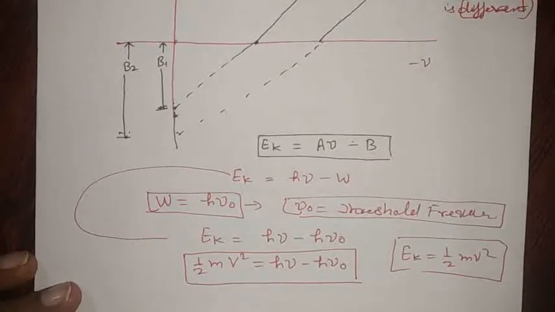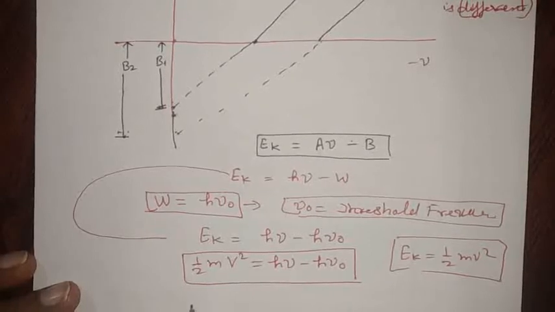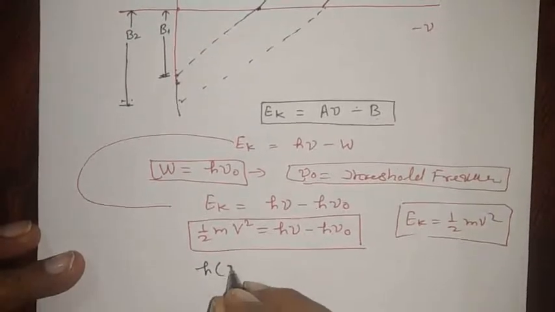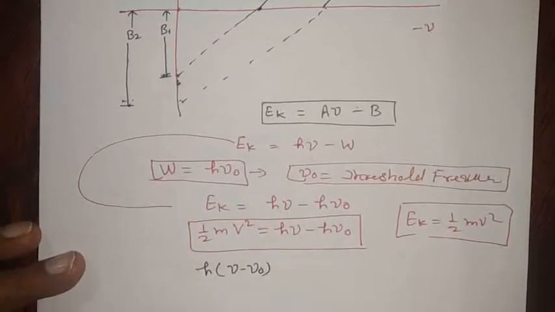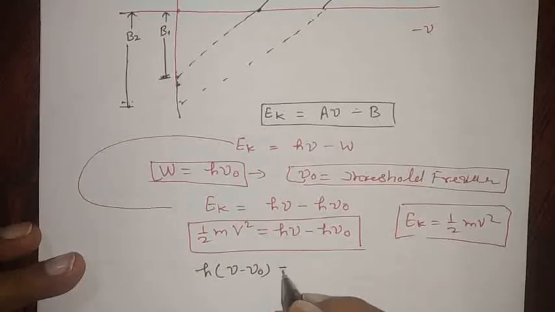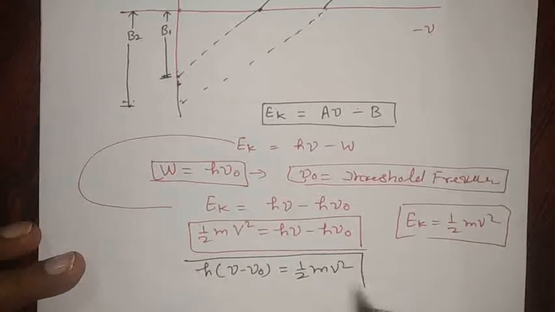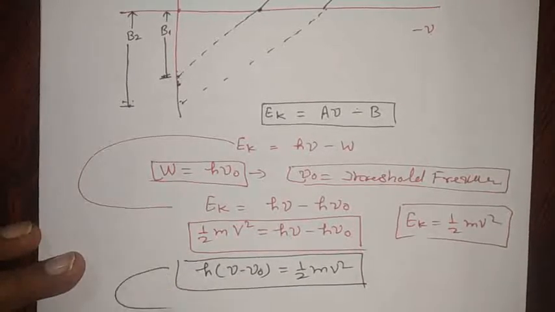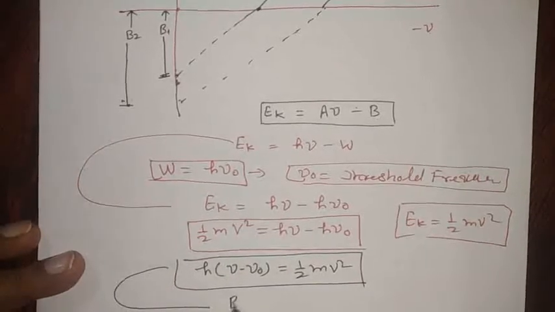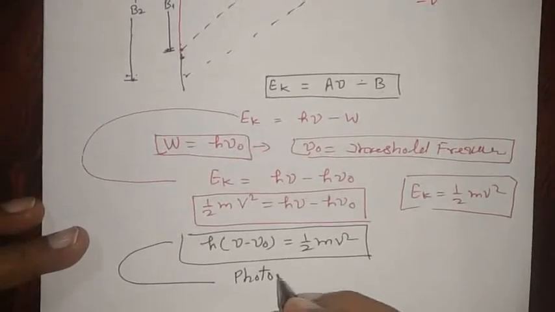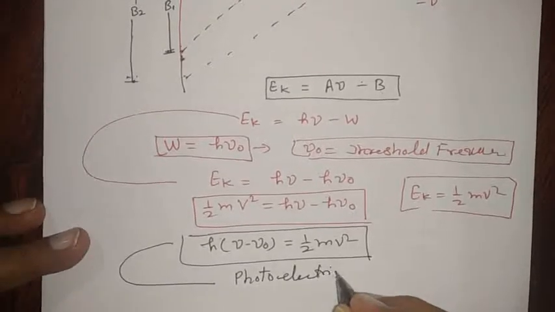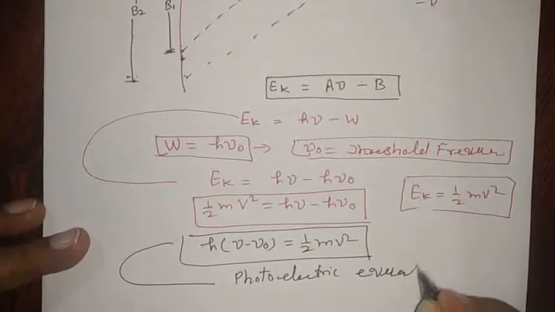Or one may write this equation in a simpler form, h times nu minus nu naught, is equal to half mv squared. This is called Einstein's photoelectric equation.